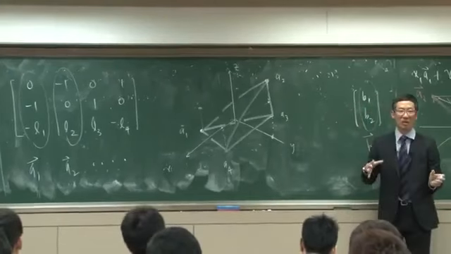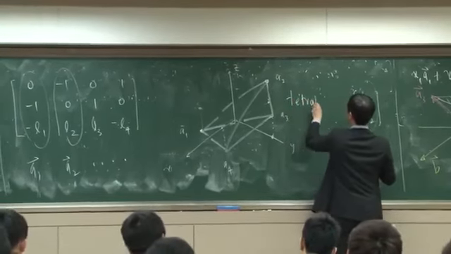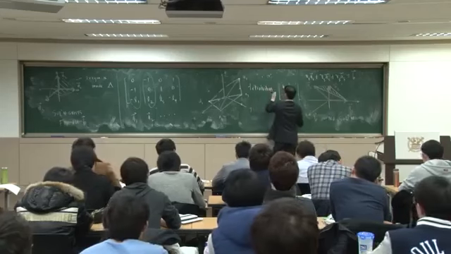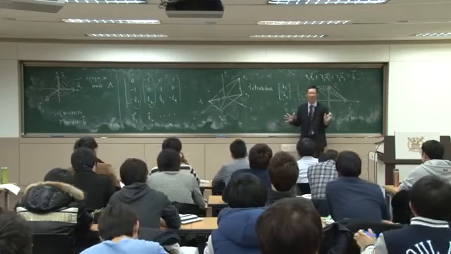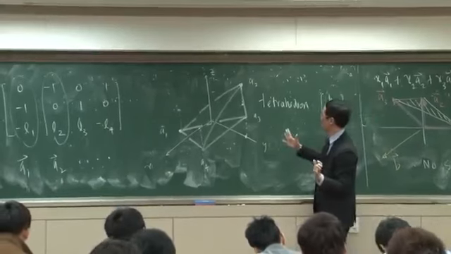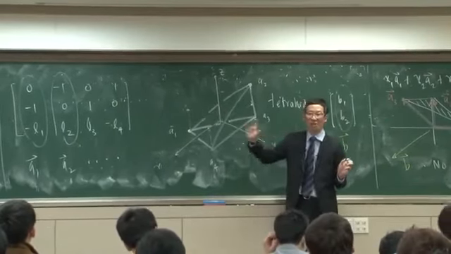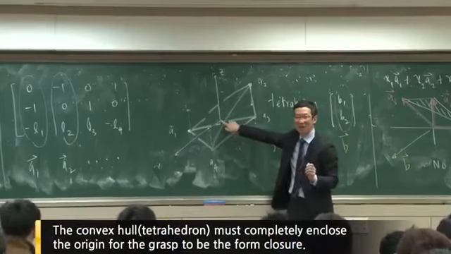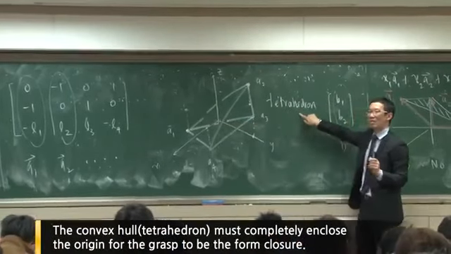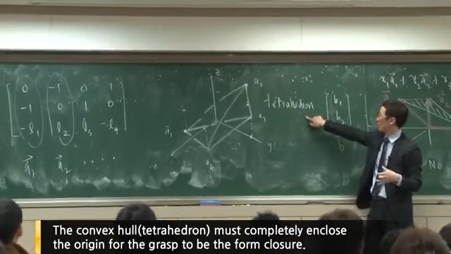Okay, so this is a tetrahedron. What's the equivalent condition? We want the origin to be inside the volume of this tetrahedron for this to be form closure.